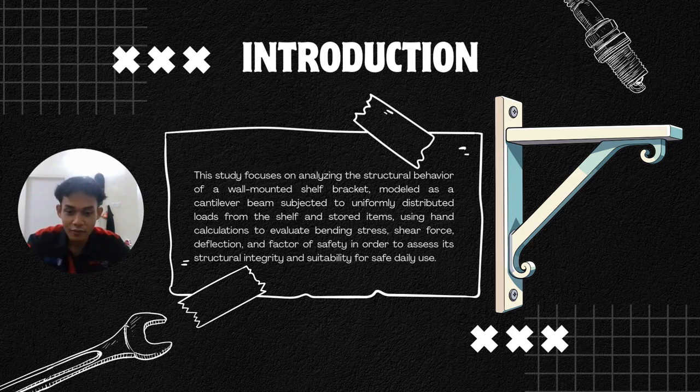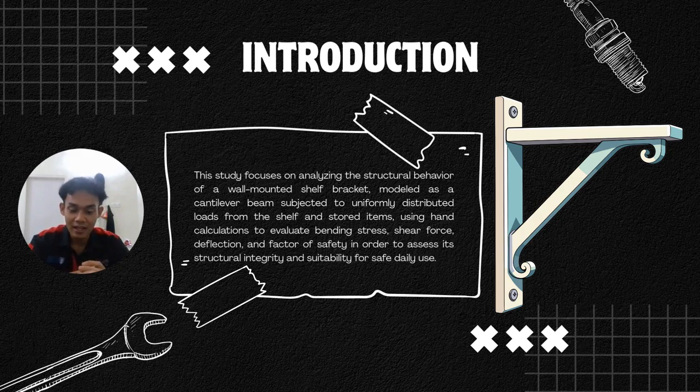This study focuses on analyzing the structural behavior of a wall-mounted shelf bracket, which is modeled as a cantilever beam. The bracket is subjected to a uniformly distributed load from the shelf itself and the items stored on it. Hence, calculations are used in this analysis to evaluate key structural parameters such as bending stress, shear force, deflection, and the factor of safety.